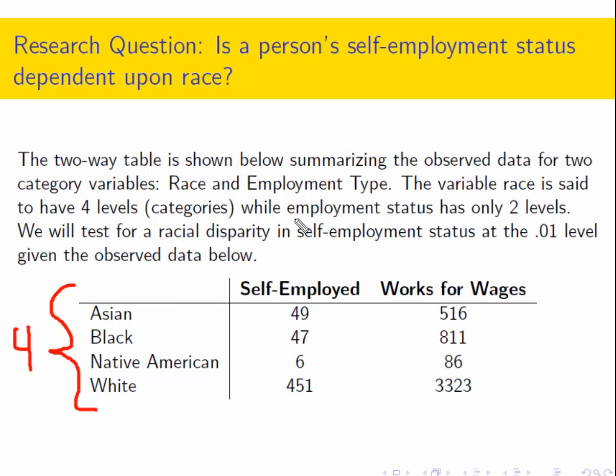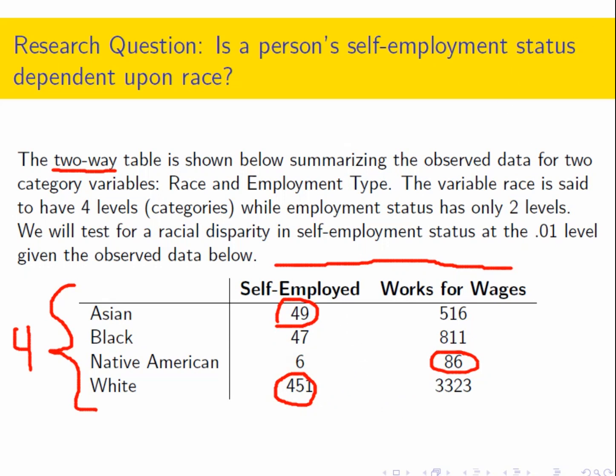The reason this is sometimes called a chi-squared two-way test is because this is called a two-way table, where you have the levels of one variable across the columns, and the levels of the other variable across the rows, and then this is a cell count: the number of Asians who were self-employed, the number of Native Americans who work for wages, the number of whites who were self-employed. So these are just cell counts.